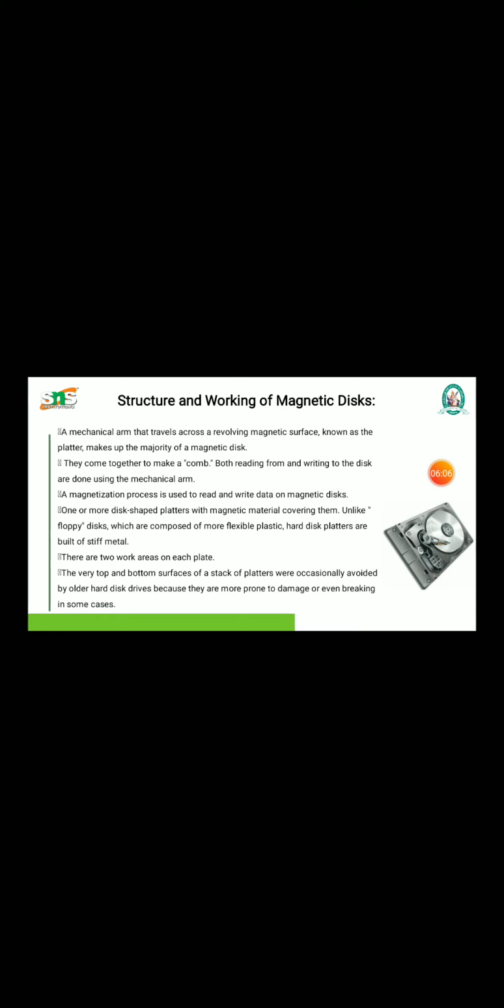Unlike floppy disks, which are composed of more flexible plastic, hard disk platters are built of stiff materials. There are two work areas on each platter, the top and bottom surfaces. The top and bottom surfaces of the stack of platters are sometimes avoided by older hard disk drives because they are more prone to damage or even breaking.